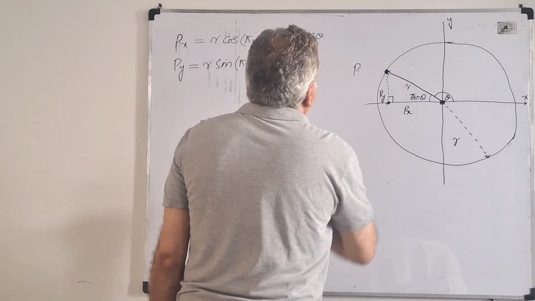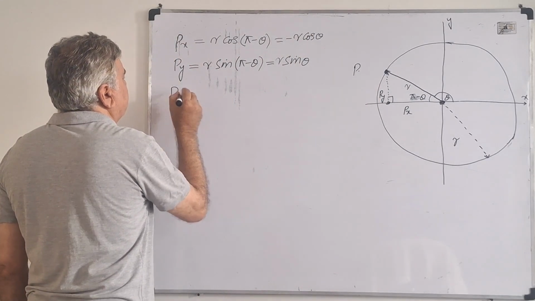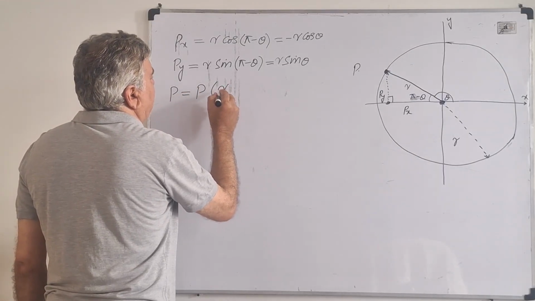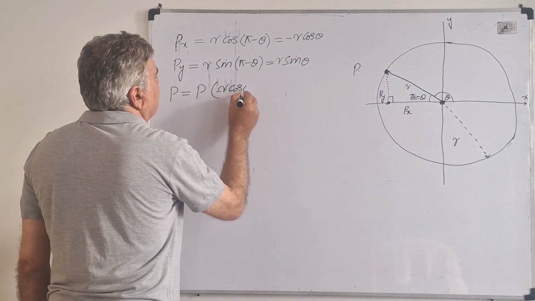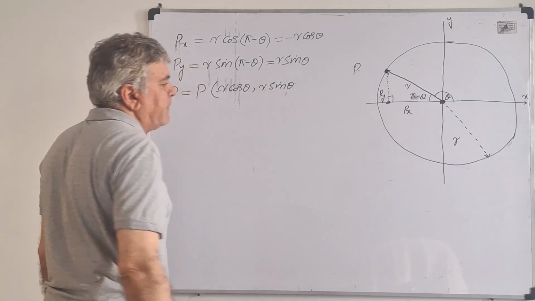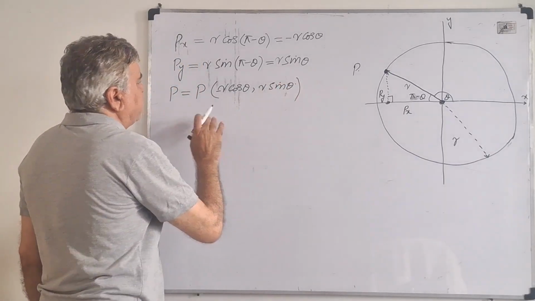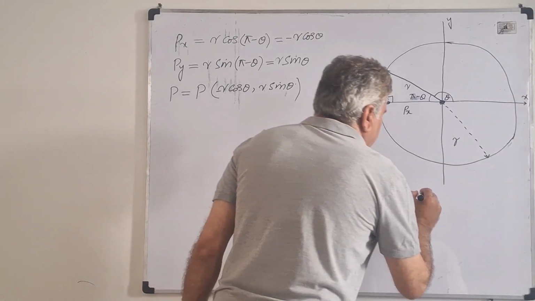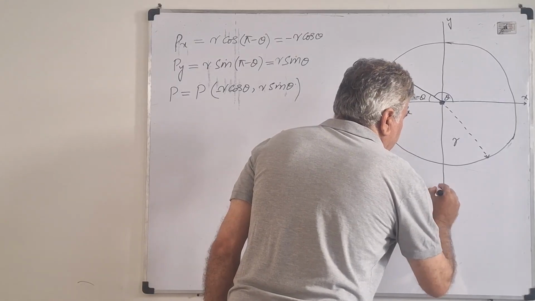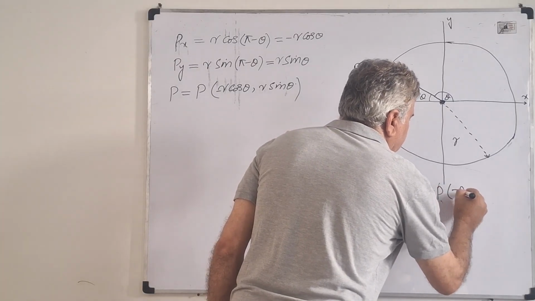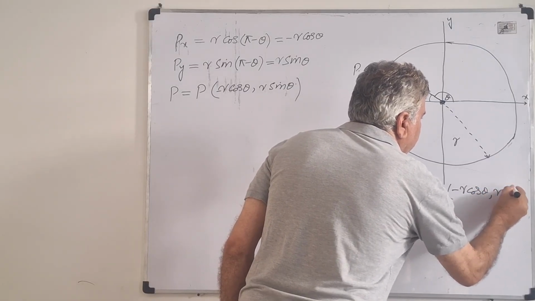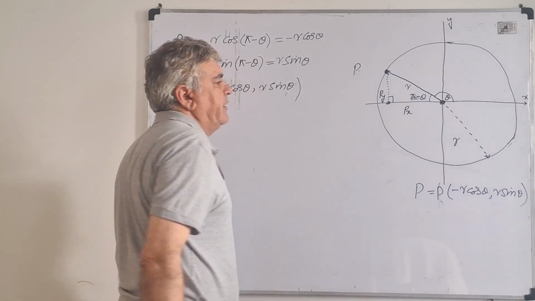Therefore the coordinates of point P are minus r cos theta and r sine theta. I better write these coordinates somewhere over here, because I'll be using these coordinates later.